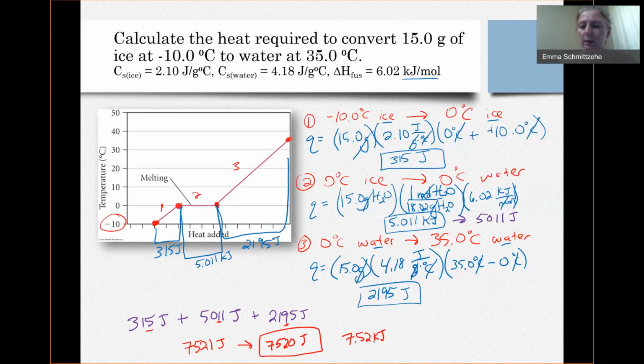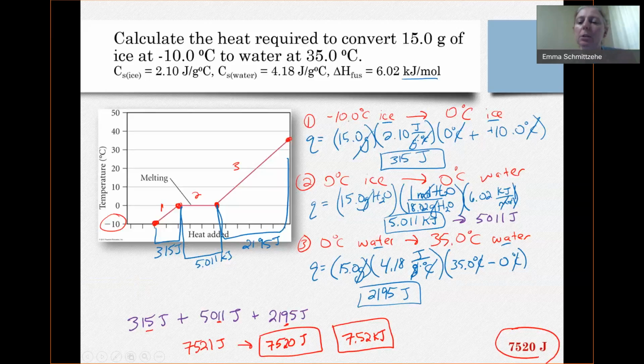I believe I've copied the answer here, and that's what I have as the solution, 7,520 joules. And so that's where that comes from, which, like I said, you could convert to kilojoules if you wanted to.